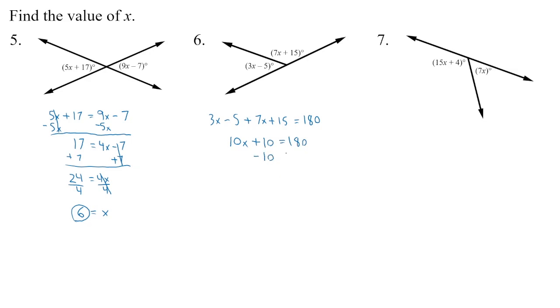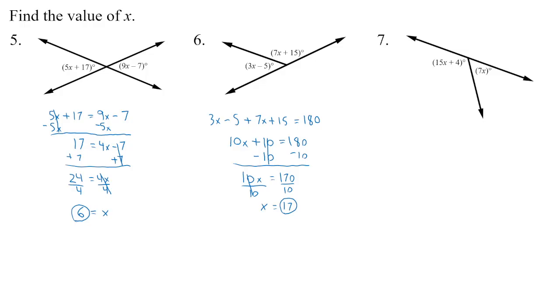Subtract 10 from both sides. You have 10x equals 170. Divide both sides by 10, and you get 17. So the solution is 17.